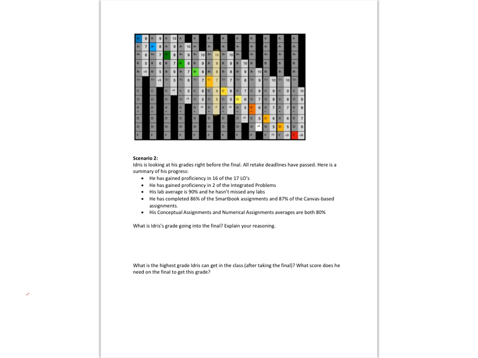And so you can see that at a 7 out of 10, she maintains her C+ grade. 8 would pull it up to a B-, 9 would pull it up to a B, and 10 would pull it up to a B+. So basically, the best she can do is a B+, but she'd need a 10 out of 10 on the final.